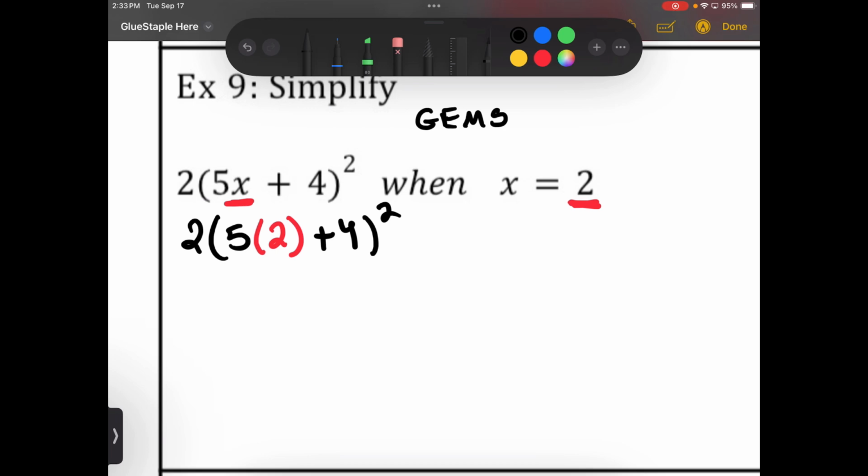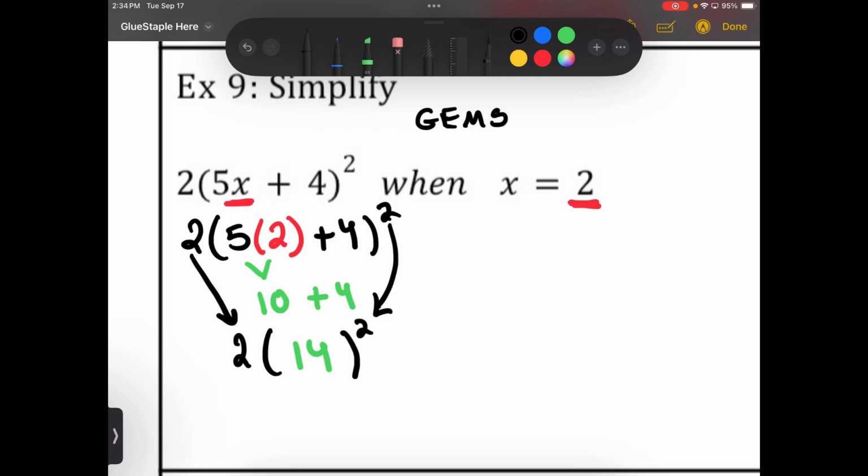So we're at G. Do you see any grouping? Yes. We're going to start right here in the middle where these parentheses are. What is 5 times 2? 10. Got to add 4, which is what? 14. So now I'm going to bring down this 2 and bring down the squared.